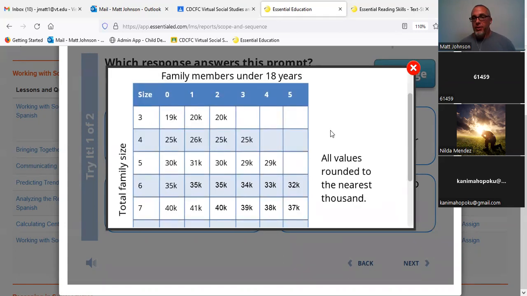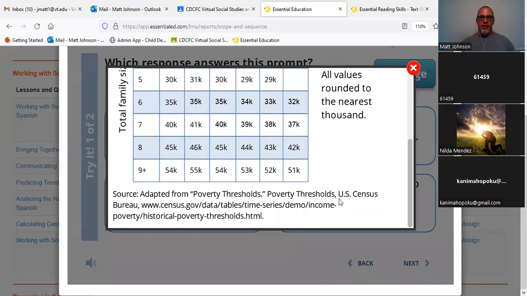this one is just bizarre. And this comes from the U.S. Census Bureau. So this is official information and their guidelines. So of course, poverty, the level of poverty, is the level at which you can meet your basic needs, right?